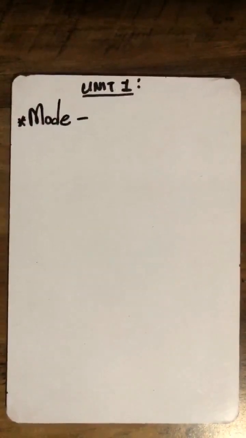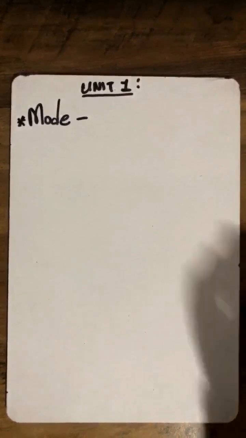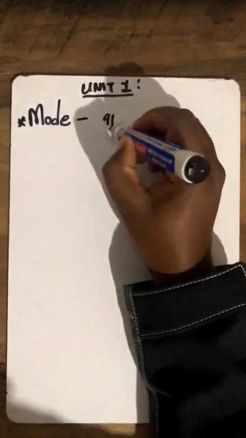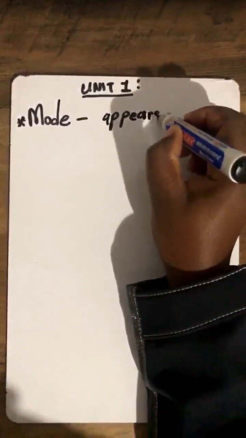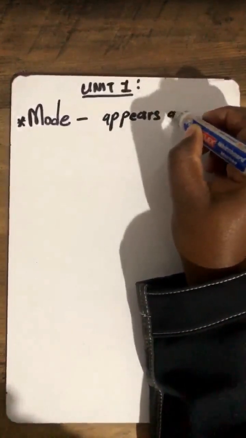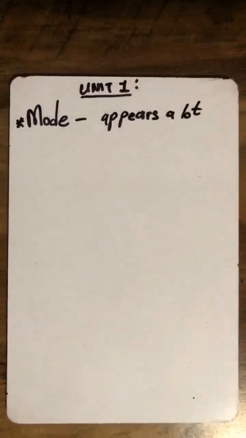So the mode, what is meant by the mode? It is that value that appears most often. So for me to make it simple, I used to say it appears a lot. That value that appears a lot.